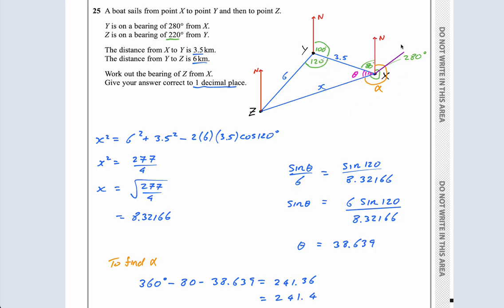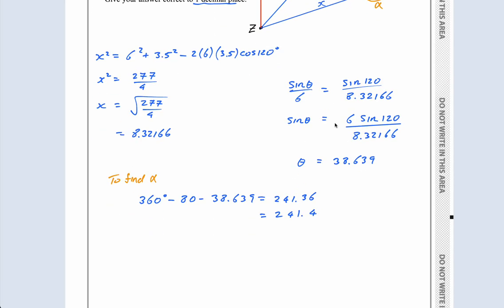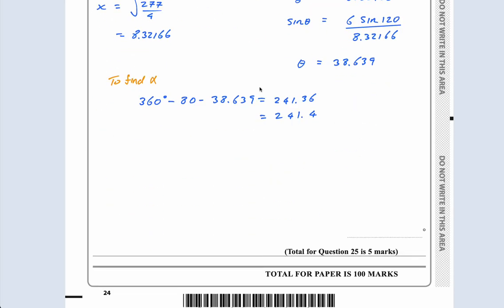So that's why it is this orange angle there. Okay, that's it guys, 241.4. Let's write it here, 241.4. That's the paper, and I'll see you in the next paper.